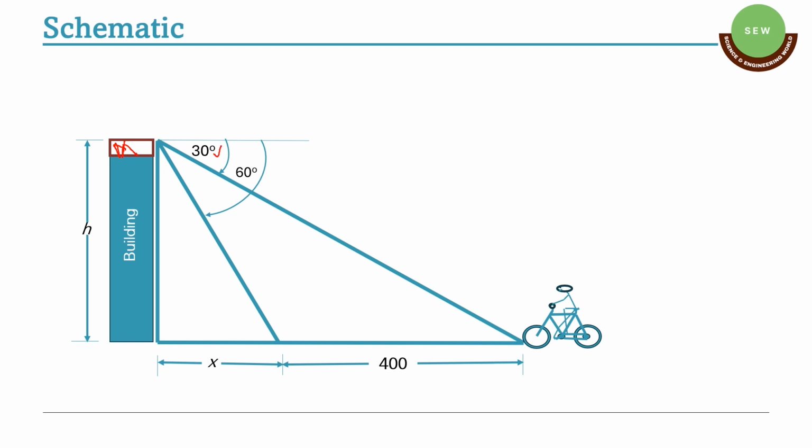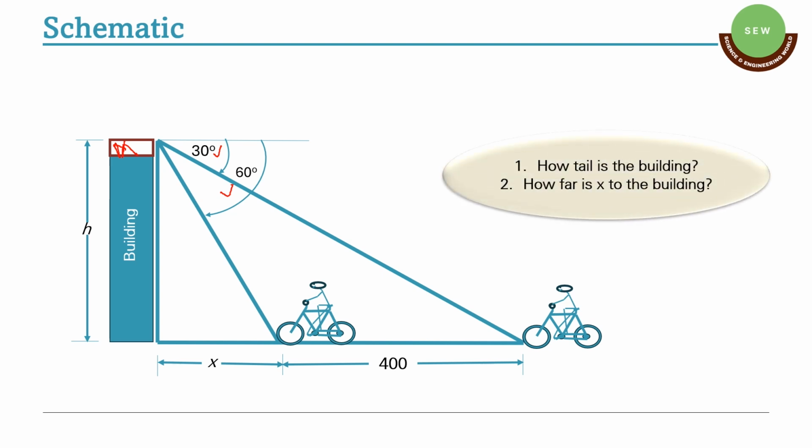And later on, after the boy has moved closer to the building, her angle of depression was 60 degrees. The question asks, number 1, what is the height of the building, and number 2, how far is the boy from the building at the last observation.